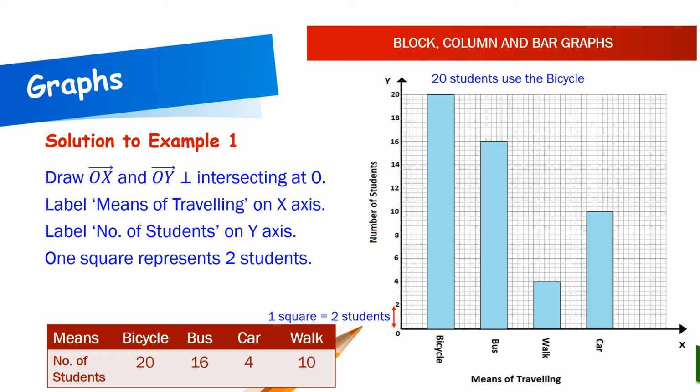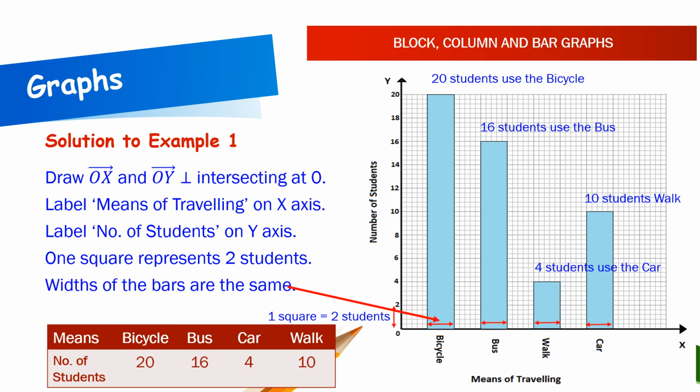So 20 students use the bicycle, 16 students use the bus, 4 students use the car, and 10 students walk. The widths of the bars are the same.